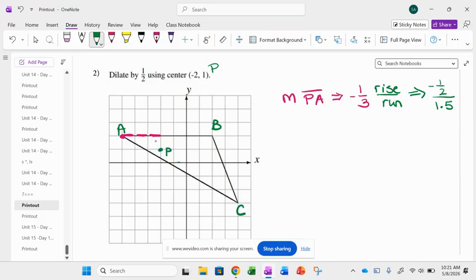So I'm going to go up 1/2 and then left 1.5, which is right about here. And there's my A prime.